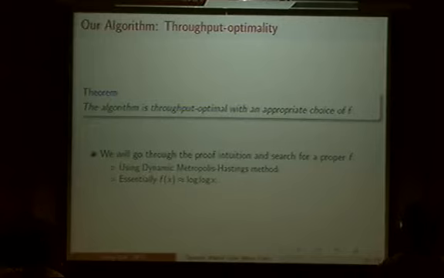In the proof, we use a dynamic version of the Metropolis-Hastings method, but due to time constraints, I'm going to quickly explain why we need log x. You may ask, how about other functions? Log x, or log log x, or just x? Our theorem tells that if we choose f lower than log x, then our algorithm is not throughput optimal.